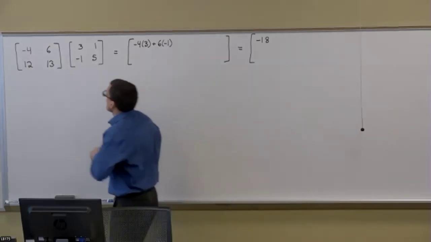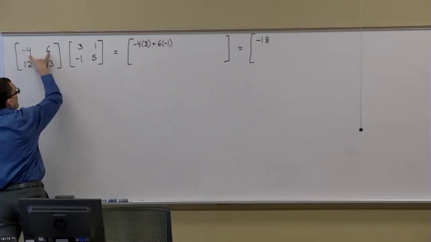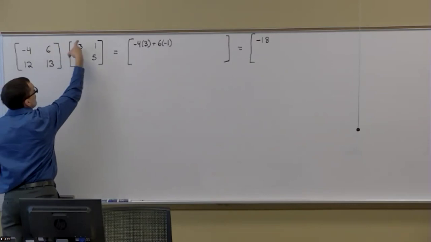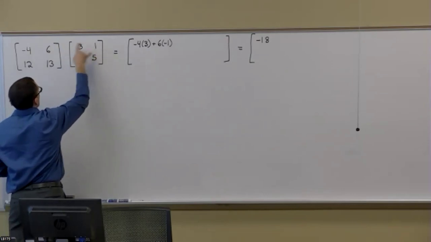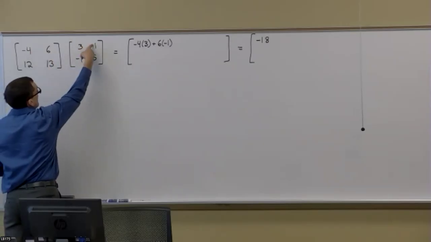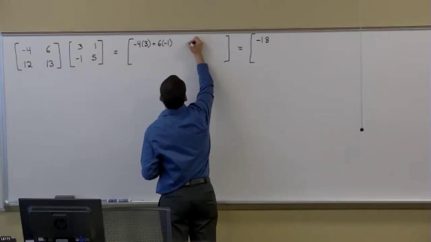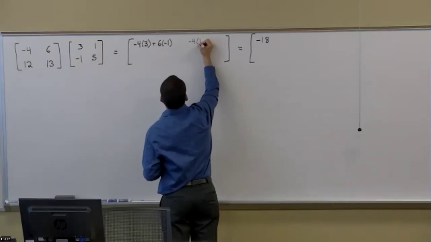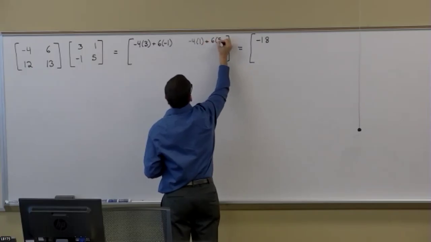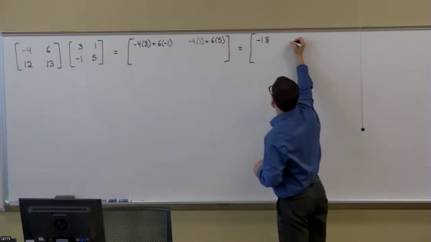And then I'll take this row, still row 1, and I'll go to the next column over. So -4, 6 is going to multiply times 1, 5. -4 times 1 plus 6 times 5. That's going to be -4 plus 30.